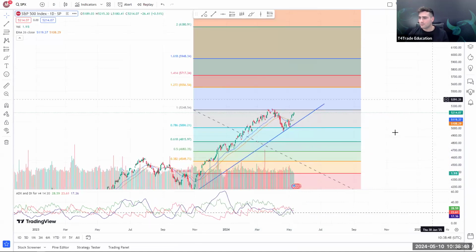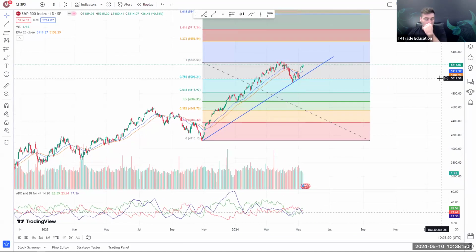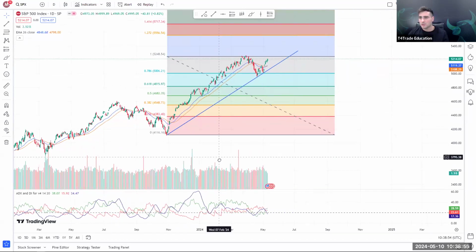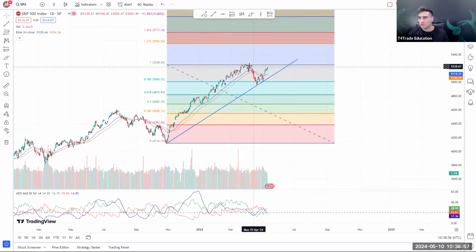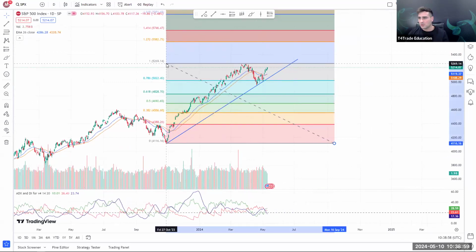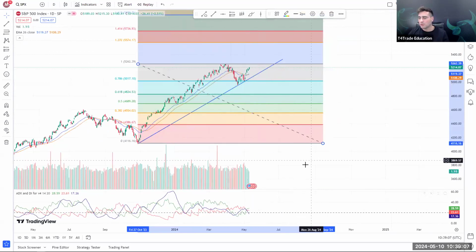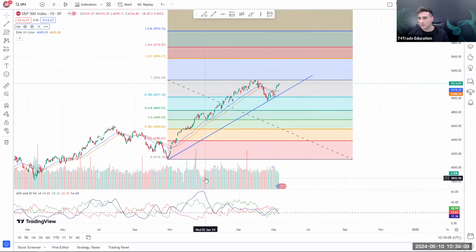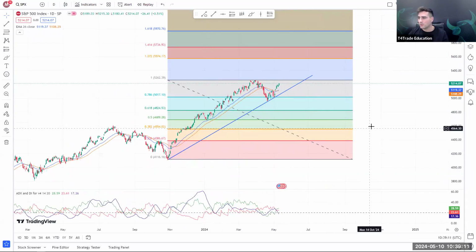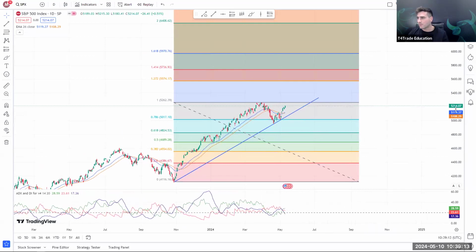We're talking from a long point of view, so this is a daily chart. We have drawn from the bottom to the top, and you get also the Fibonacci retracement tools. Let me remove volume just for the sake of it.